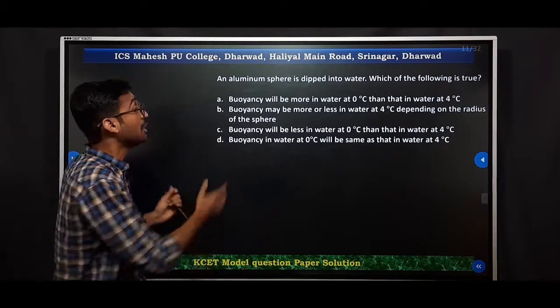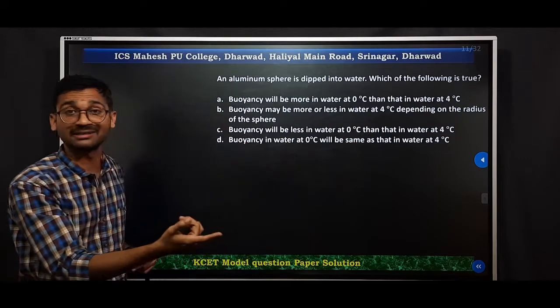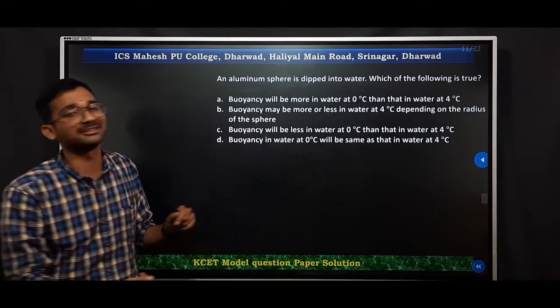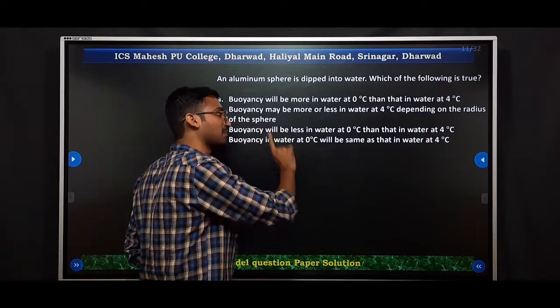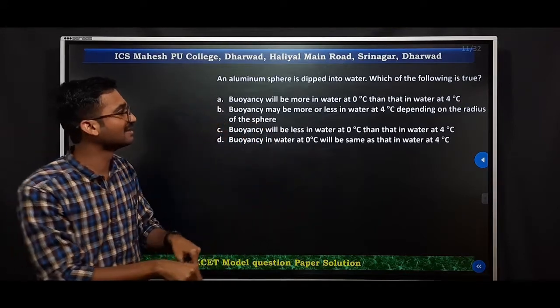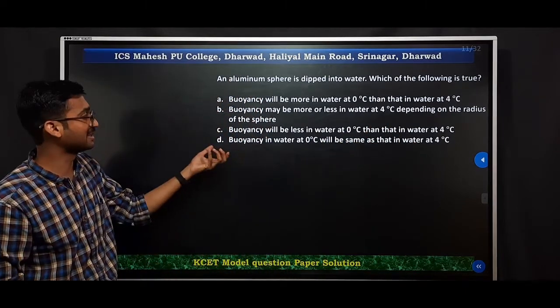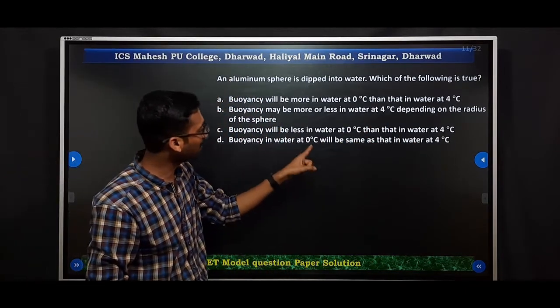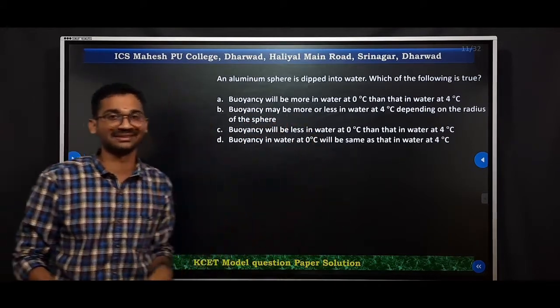Second option, buoyancy may be more or less in water at 4 degrees Celsius depending on the radius of the sphere. Third option, buoyancy will be less in water at 0 degrees Celsius than that in water at 4 degrees Celsius. And very interestingly, fourth option, buoyancy in water at 0 degrees Celsius will be the same as that in water at 4 degrees Celsius.